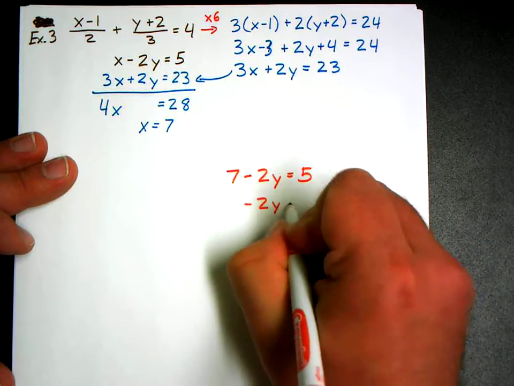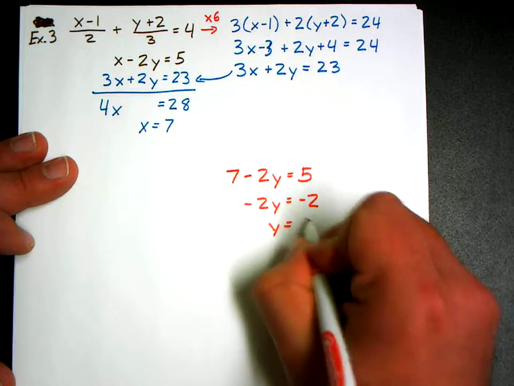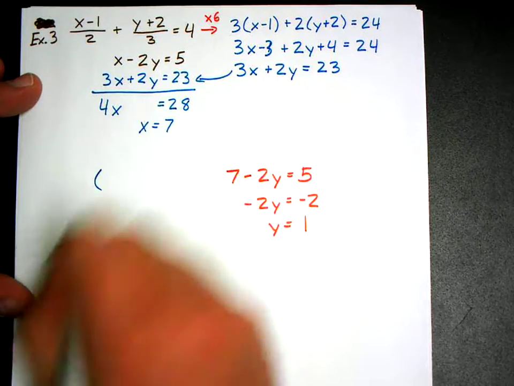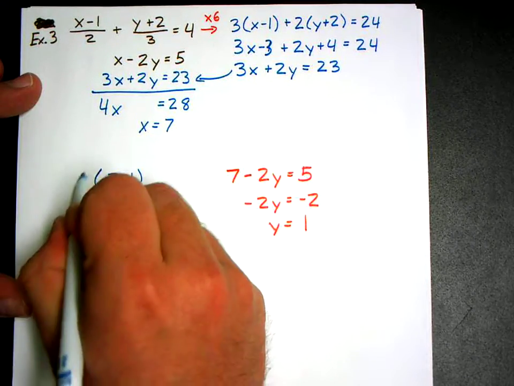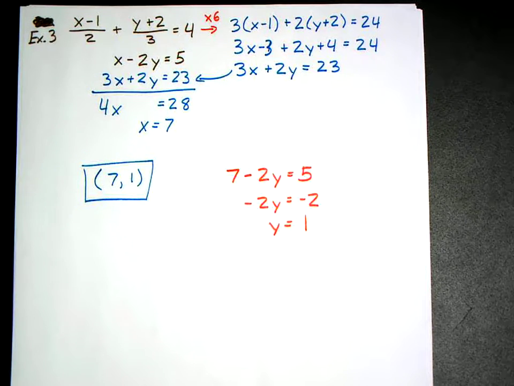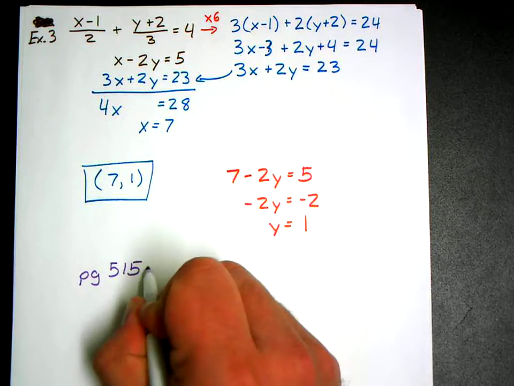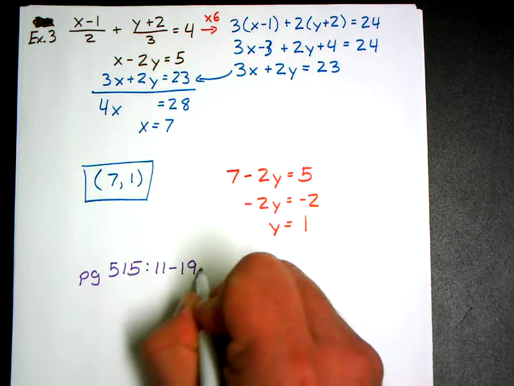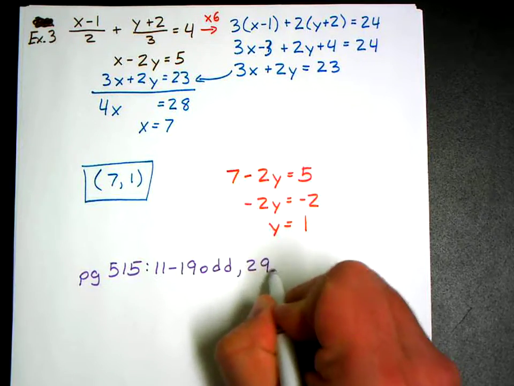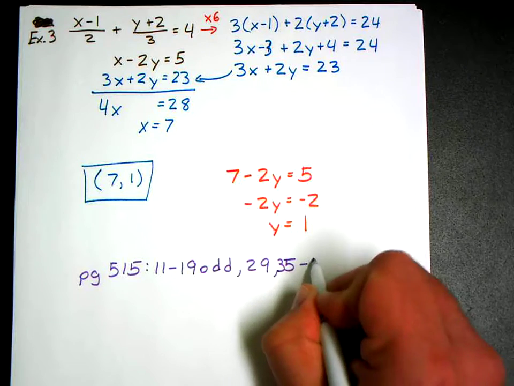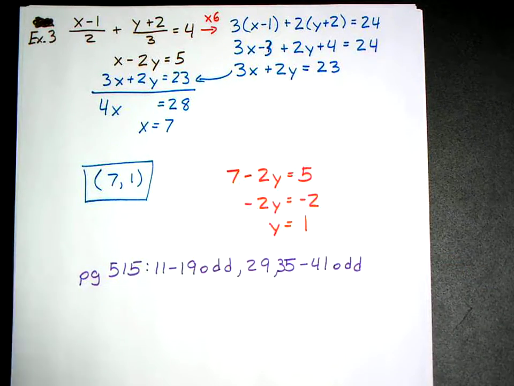So negative 2y equals negative 2. So y equals 1. All right, there you go.